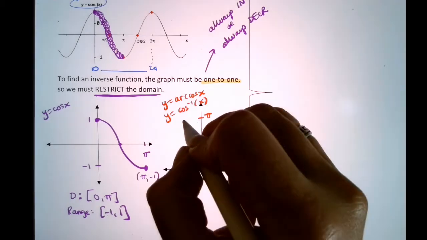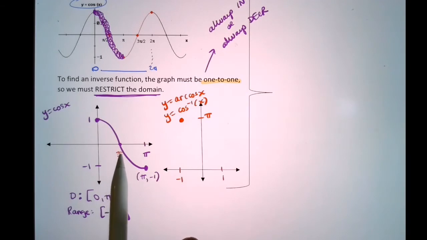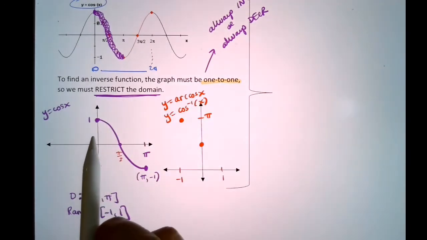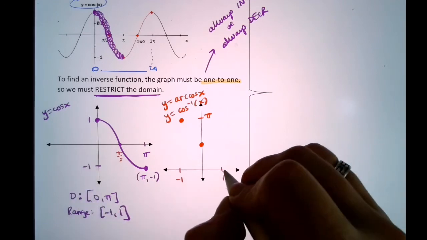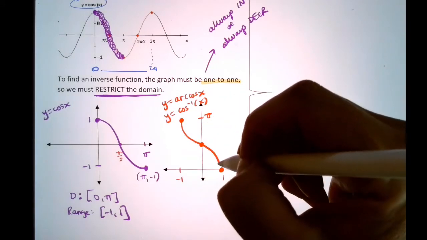Here's -1 comma pi. Here is pi over 2 comma 0, so I am going to graph 0, pi over 2. And this is 0 radians with 1 as my y value, so I am going to plot 1, 0 radians. This is the graph of the arc cosine wave.